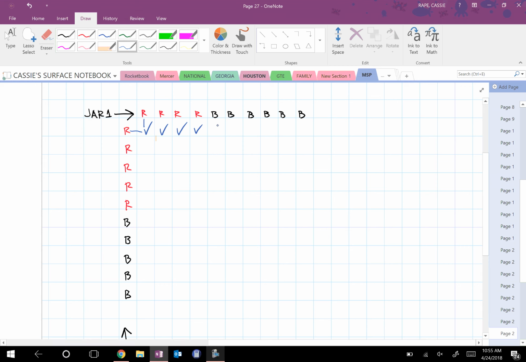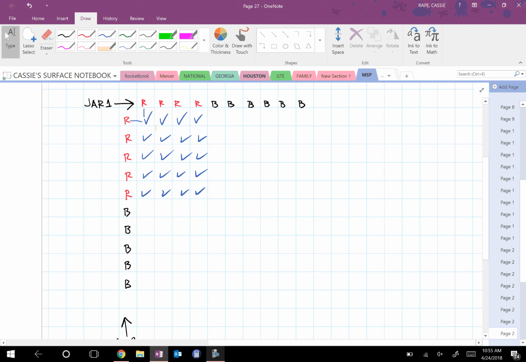I'm not going to put the X's there because it just confuses me. These are the same, then they start not being the same back there. And these are the same, and these are the same, and these are the same. And looking here, absolutely none of these are the same.